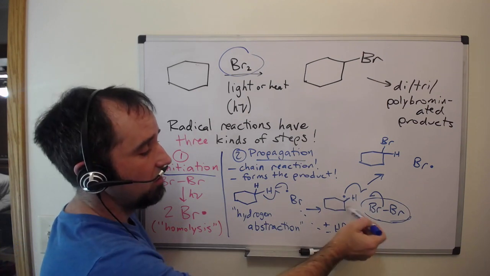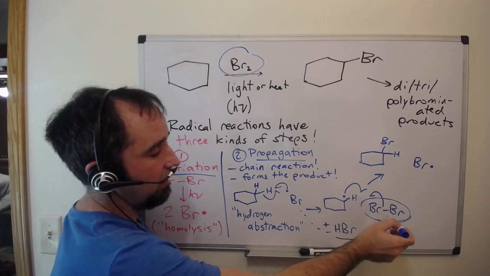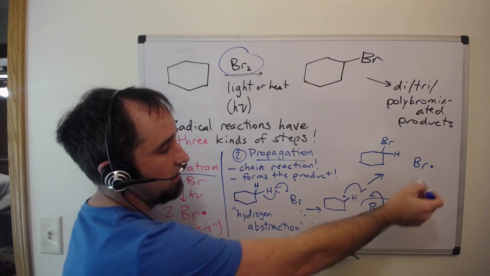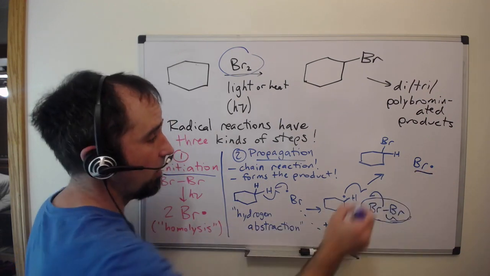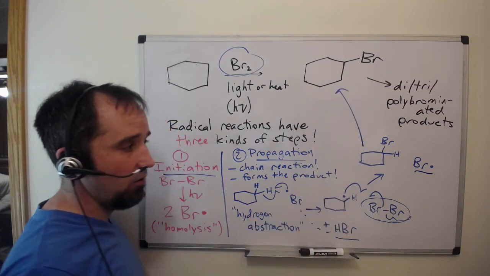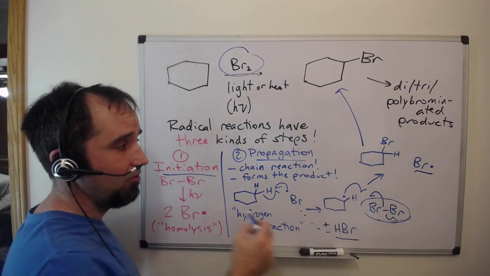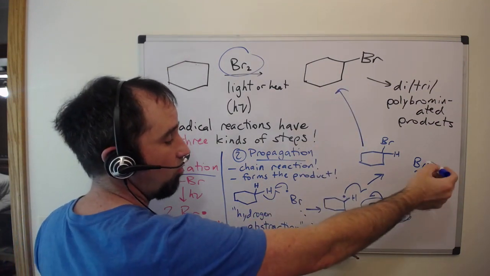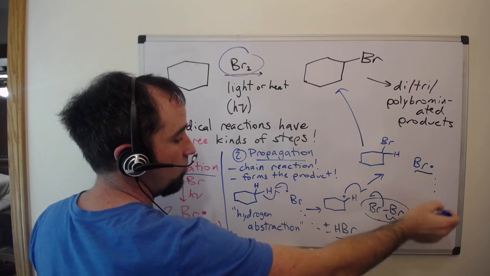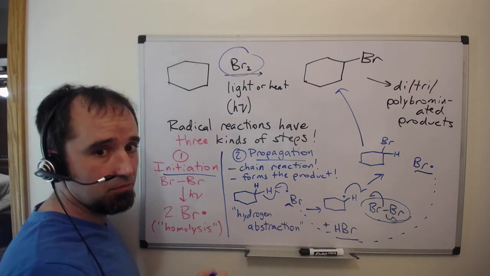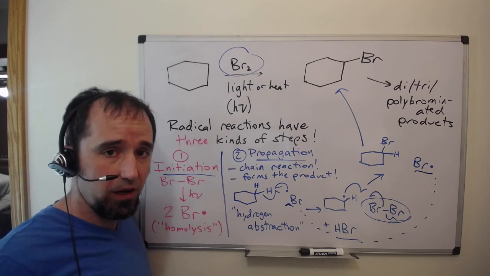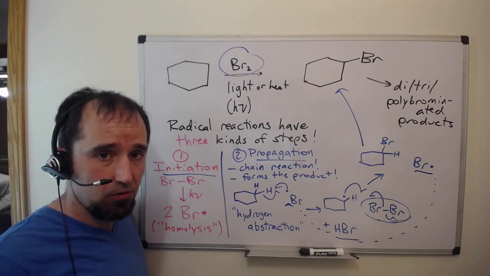So you're going to make a new C-Br bond, and you're going to leave another bromine radical. So this is my product. This is how I get that. But notice that as I form my product, I'm generating more bromine radical that's going to re-enter my chain reaction. So it's almost catalytic in that radical.